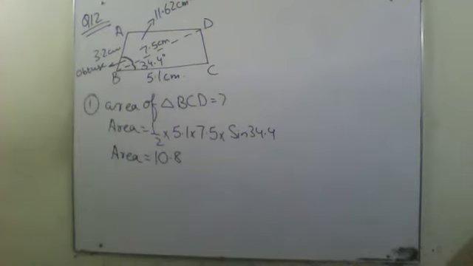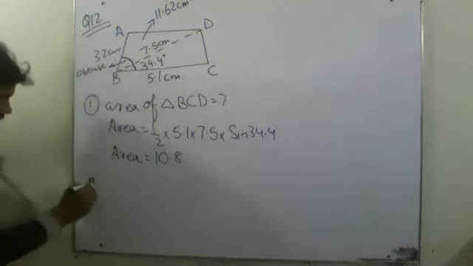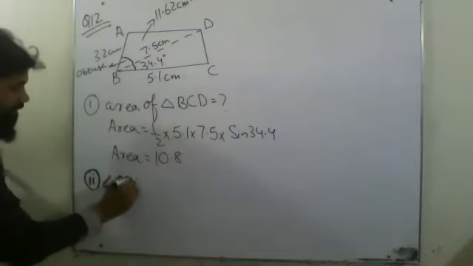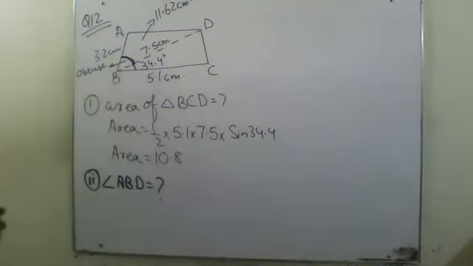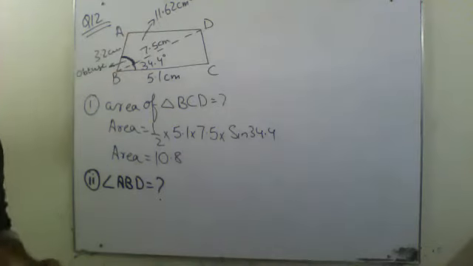Now in part B of the question, they are asking to find angle ABD. I have to find this angle over here. Now the area of this triangle is given to us.